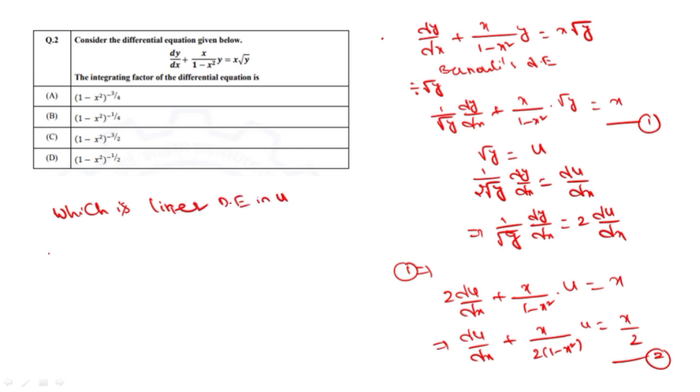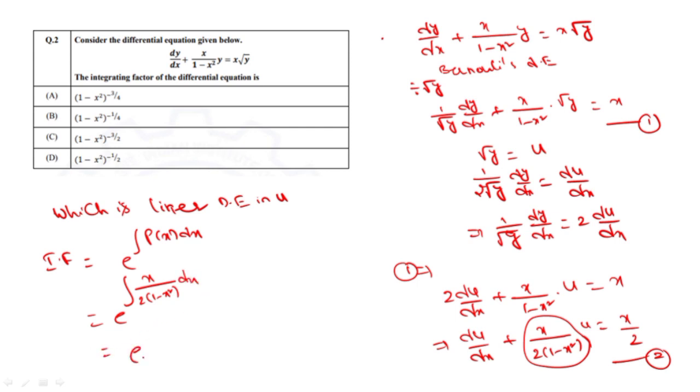So then the integrating factor of a linear differential equation is e power integral p of x dx. P of x is nothing but the coefficient of u. So that will be x by 2 into 1 minus x square dx. So here I would like to rewrite this again.